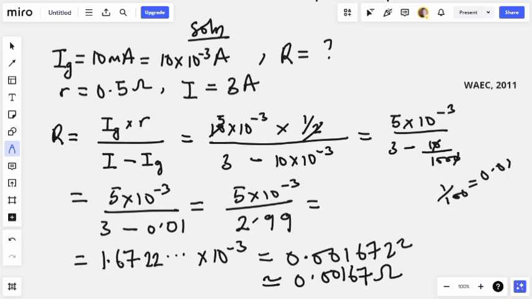Or you can choose to leave it in standard form, which is 1.67 times 10 raised to the power of minus 3 ohms. So the value of our shunt resistor equals 1.67 times 10 raised to the power minus 3, or you say 0.00167 ohms. Thank you.